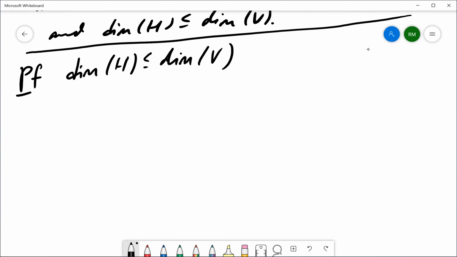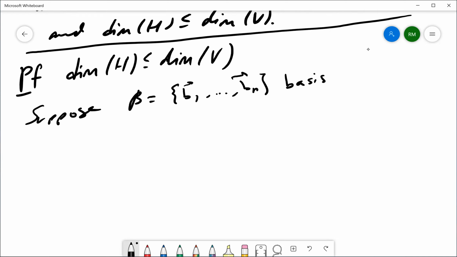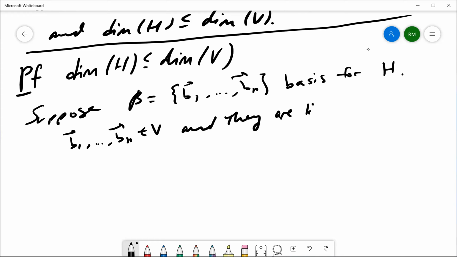So let's prove it. Suppose that we have a basis for H. These vectors are actually in V, and they're linearly independent. So what does that tell us?